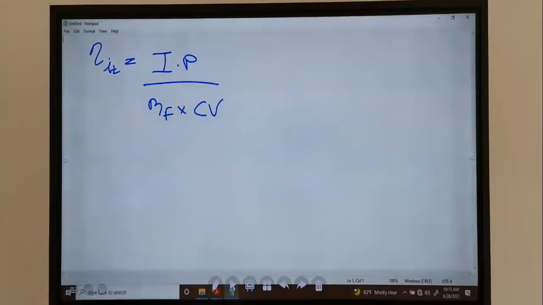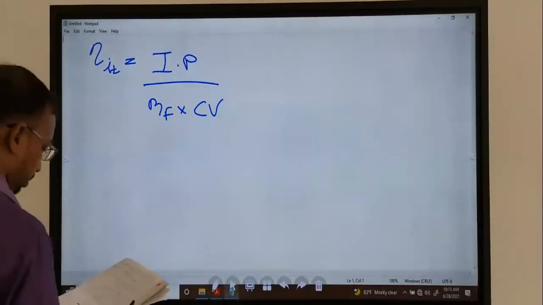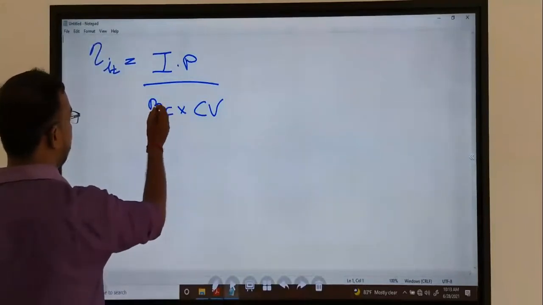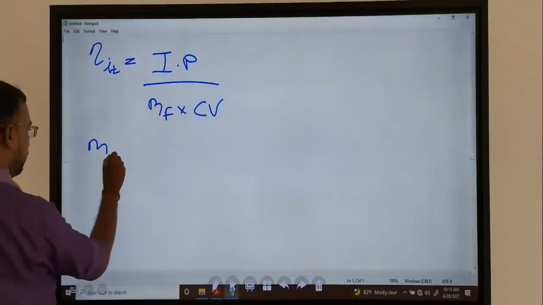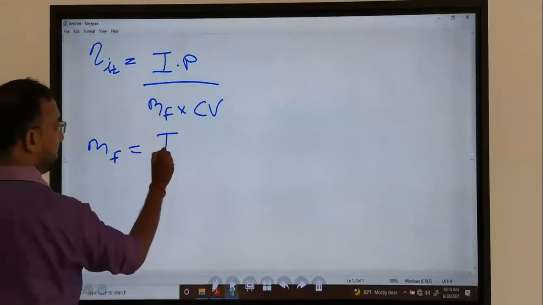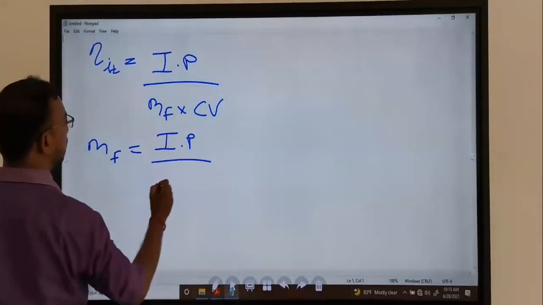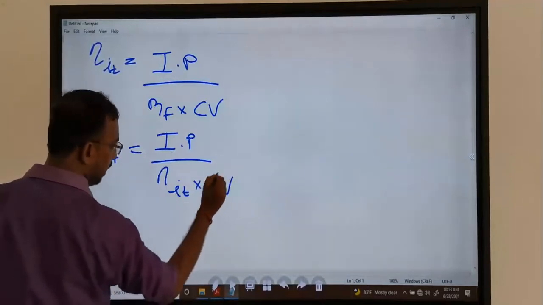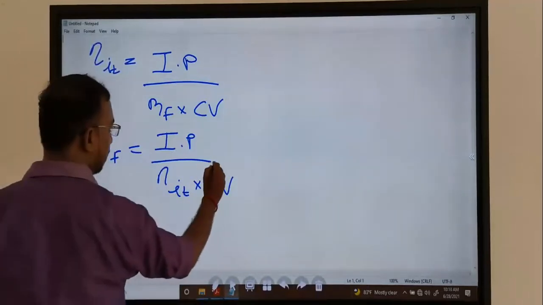Indicated power we know, so we have to find MF. So MF equals IP over indicated thermal efficiency into CV.